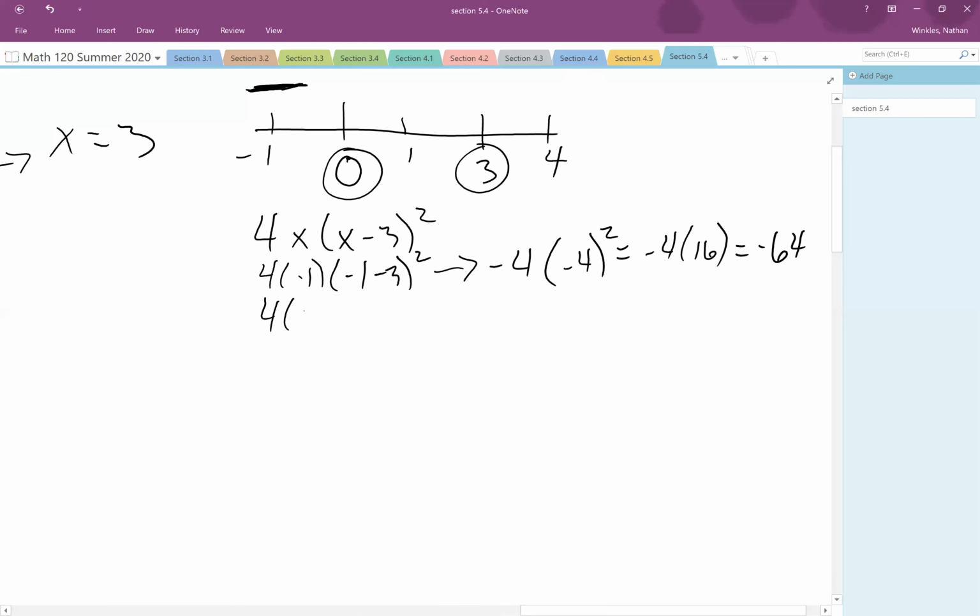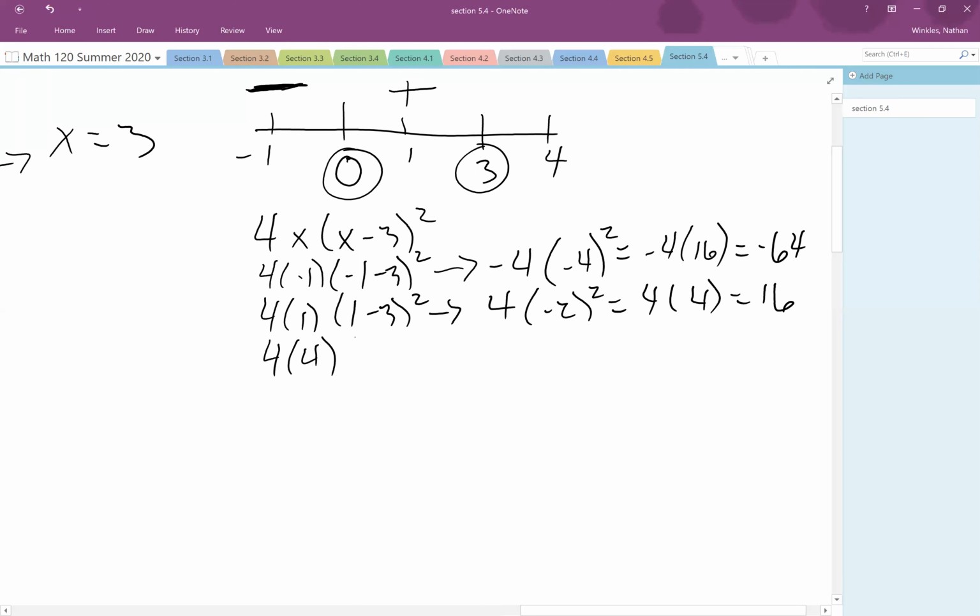We plug in 1: 4 times (1 minus 3) squared gives 4 times (-2) squared, so 4 times 4 gives us 16. It's positive. Plugging in 4: 4 times 4 times (4 minus 3) squared gives us 16 times 1 squared, which is 16. It's positive. Because 3 was a double root, the sign doesn't change there. So that's for our first derivative.